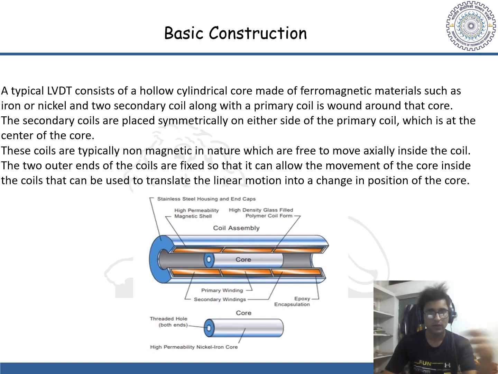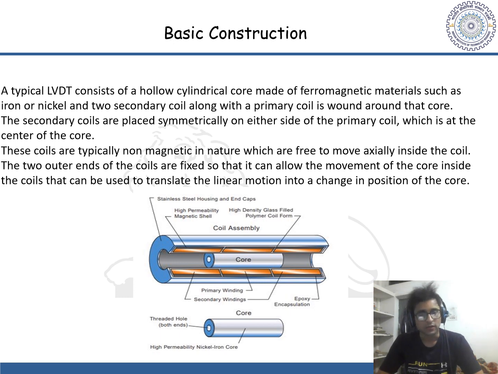So the basic construction of the LVDT: a typical LVDT consists of a hollow cylindrical core made up of ferromagnetic materials such as iron or nickel, and two secondary coils along with the primary are wound around the core. The secondary coils are placed symmetrically on either side of the primary coil, which is at the center of the core. These coils are typically non-magnetic in nature, and the core is free to move axially inside.